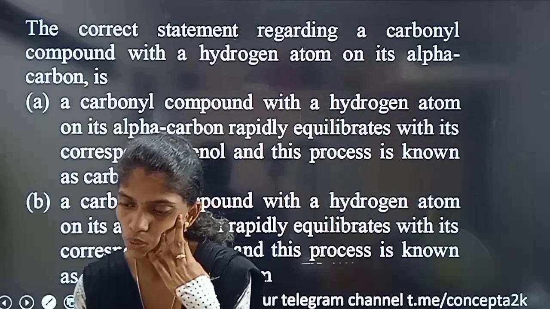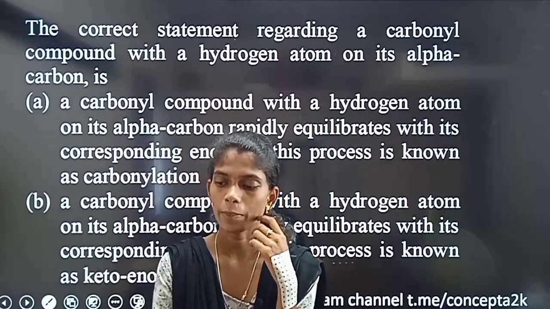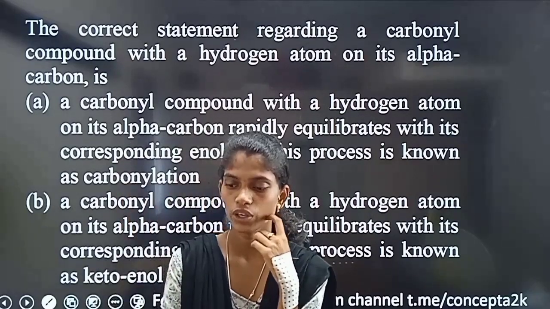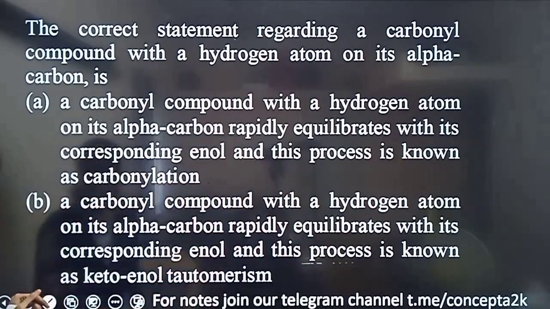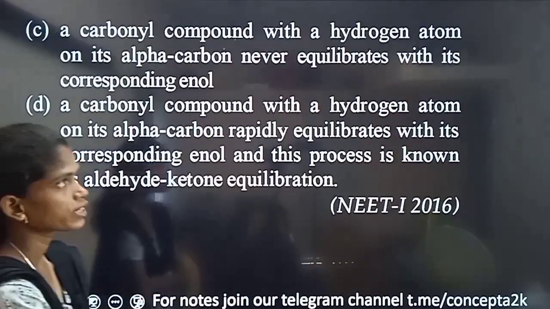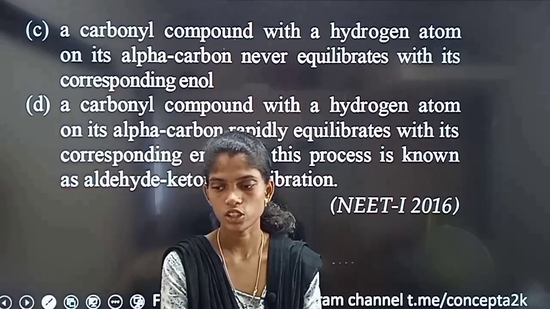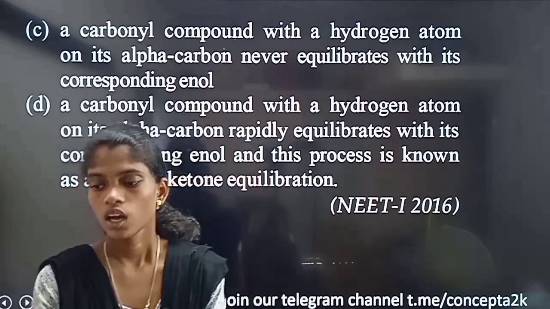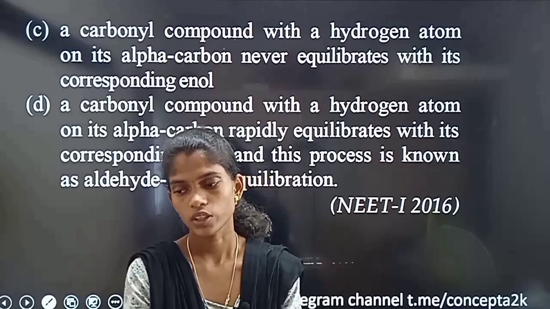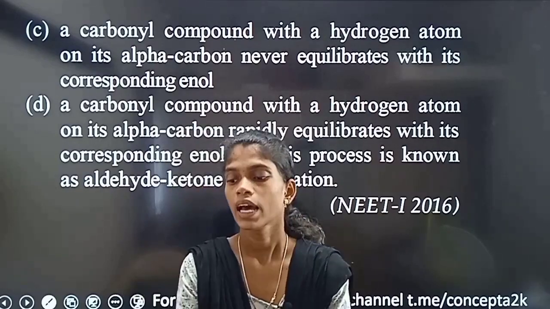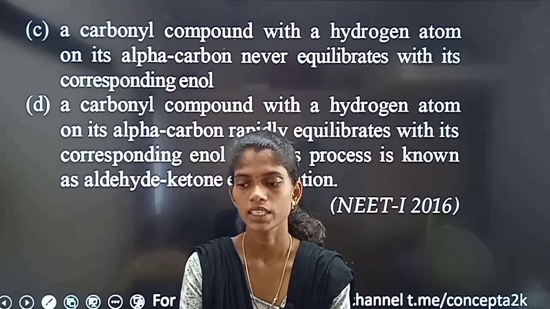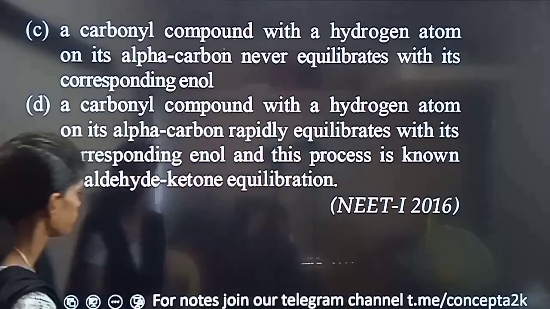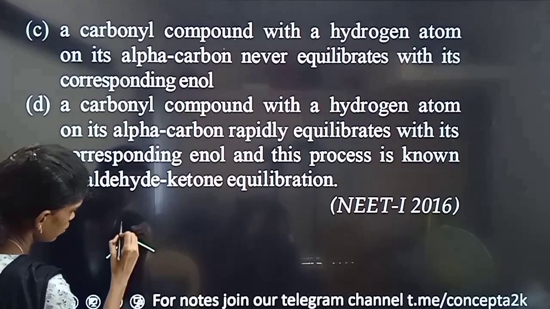A carbonyl compound with the hydrogen atom on its alpha carbon rapidly equilibrates with its corresponding enol and this process is called ketoenol tautomerism. So option C and D. A carbonyl compound with the hydrogen on its alpha carbon never equilibrates with its corresponding enol. A carbonyl compound with the hydrogen atom on its alpha carbon rapidly equilibrates with its corresponding enol and this process is known as aldehyde ketone equilibrium.